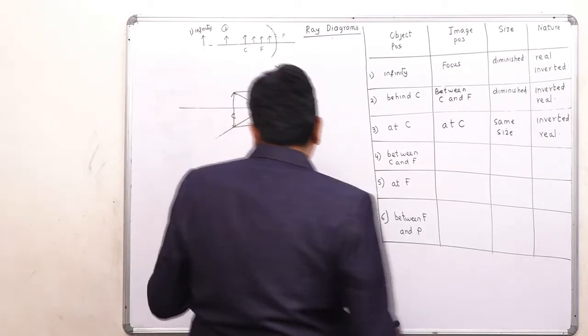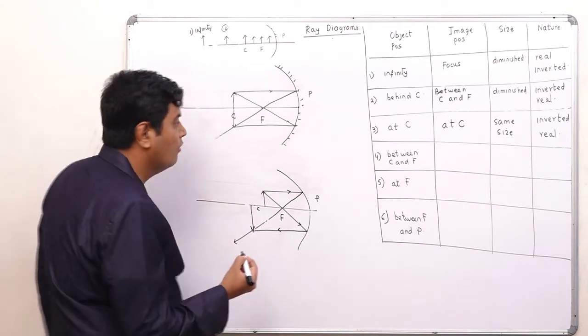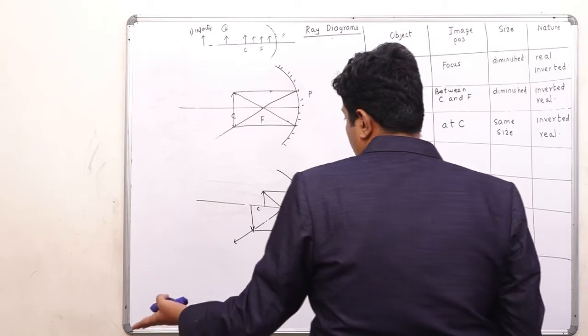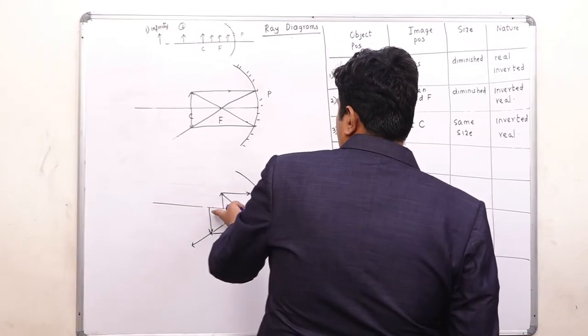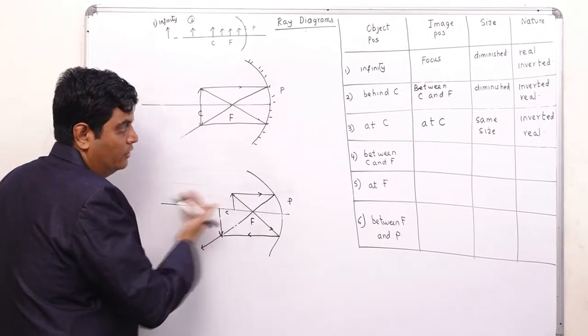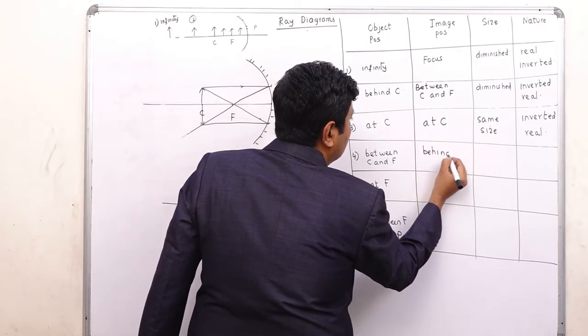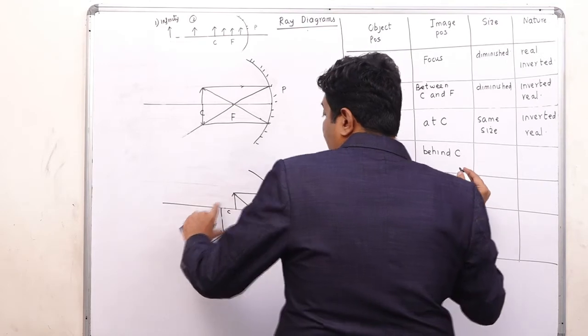So what is the position of the image? The position of the image is ahead of C, or behind C, and it will be bigger.